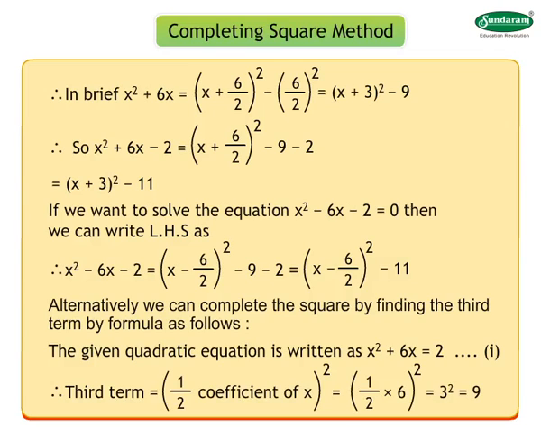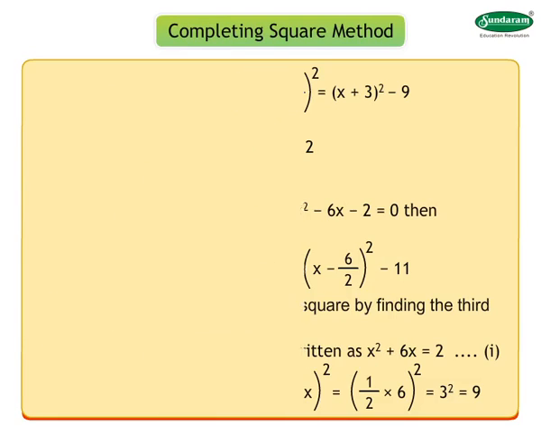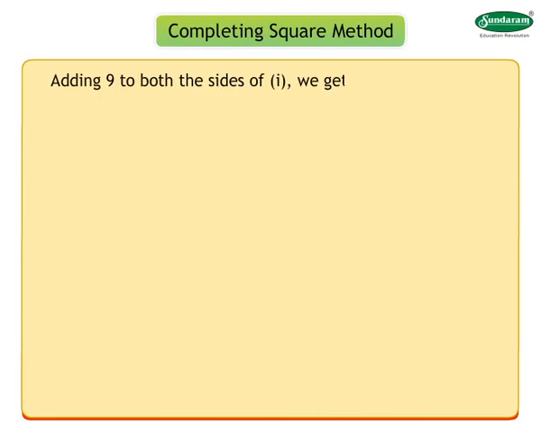Third term is equal to (1 upon 2 coefficient of x) whole square is equal to (1 upon 2 into 6) whole square is equal to 3 square is equal to 9. Adding 9 to both the sides of 1, we get x square plus 6x plus 9 is equal to 9 plus 2. Therefore, (x plus 3) whole square is equal to 11. Therefore, (x plus 3) whole square is equal to (root 11) square.